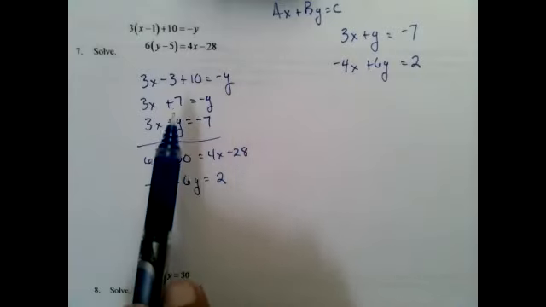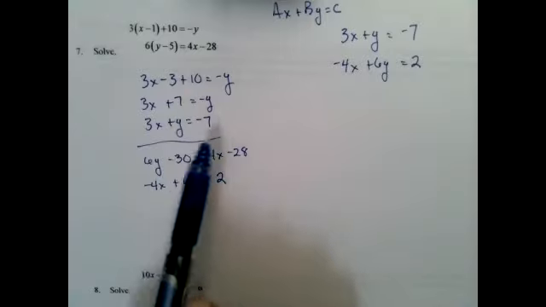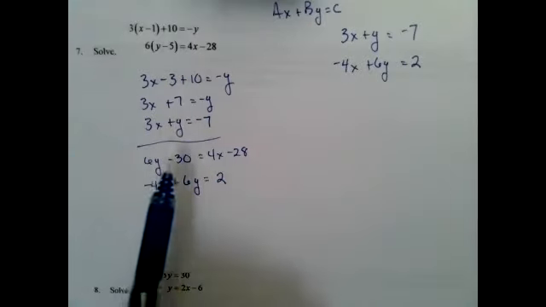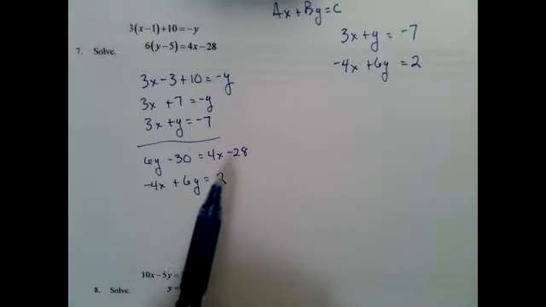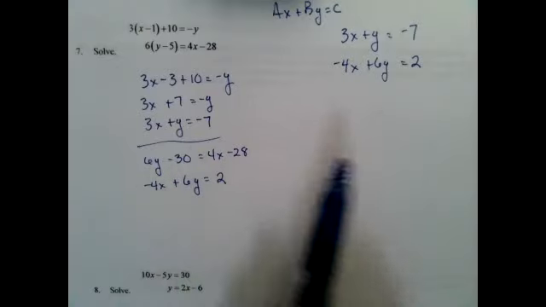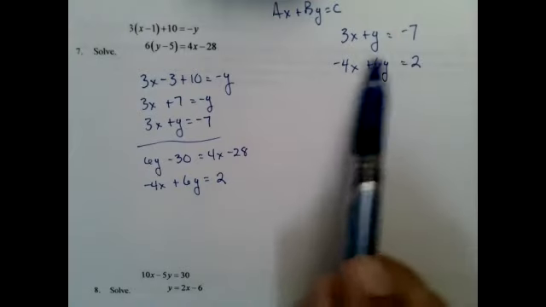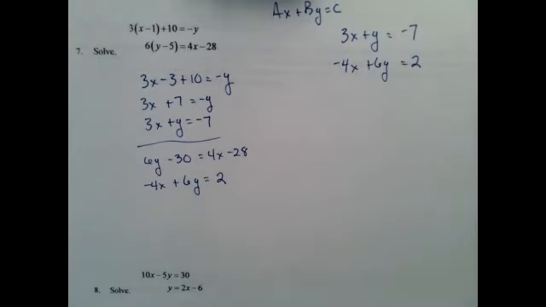I'm going to add y, and I'm going to subtract 7, and I have an equation. Good. Second equation, I distributed away. I added 30. I subtracted 4x, and I have something that looks like that. So we're just seeing variations off of what we started with today, and that is solving these 2 linear equations.